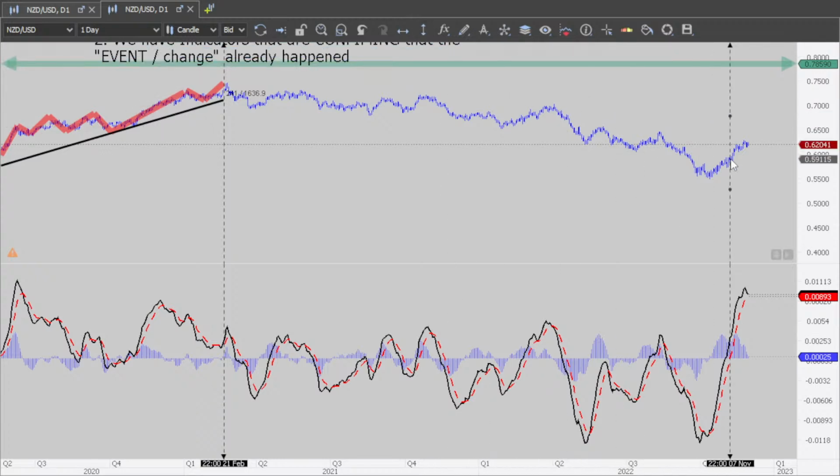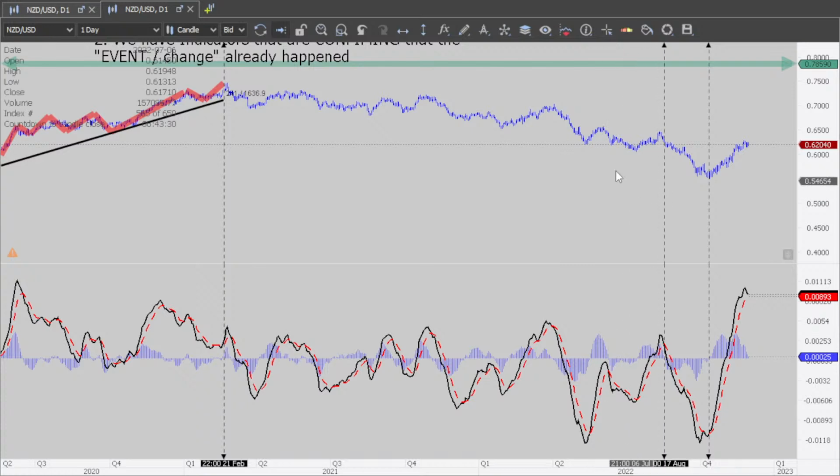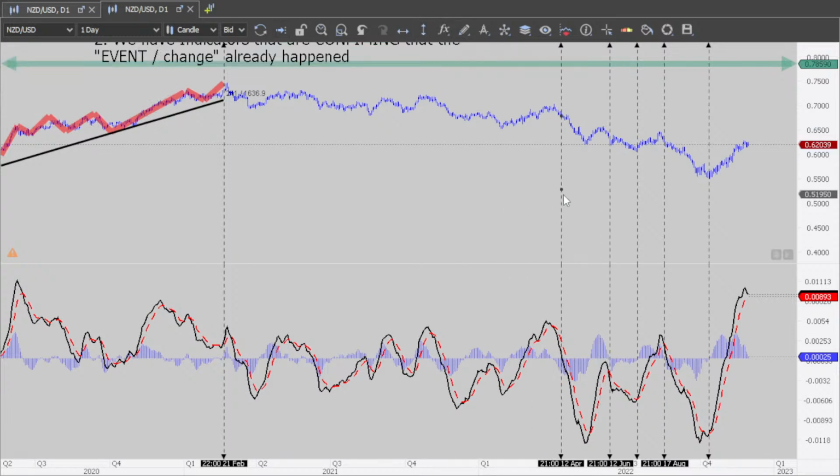So here would be a cross on the daily. Here would be a cross to go down. Here would be a cross to go up on the MACD. Here a cross to go down, up again, and down again.